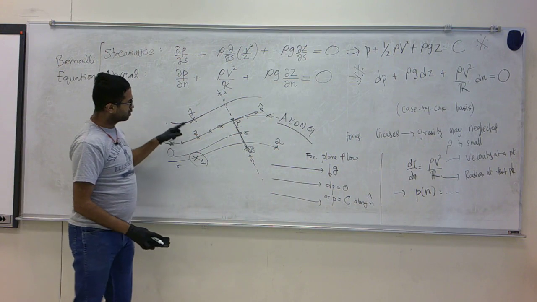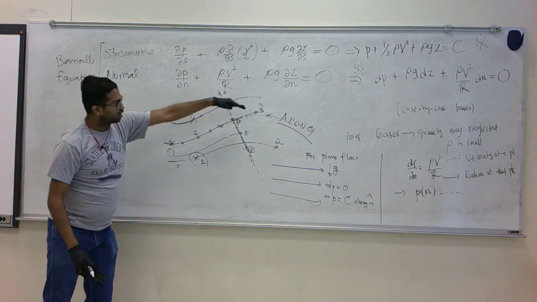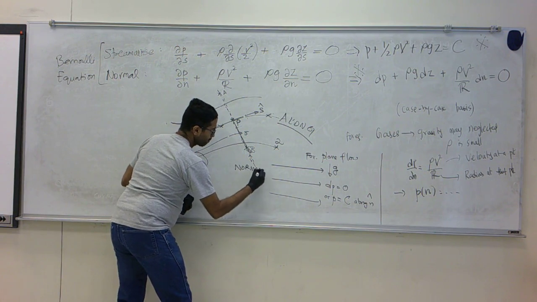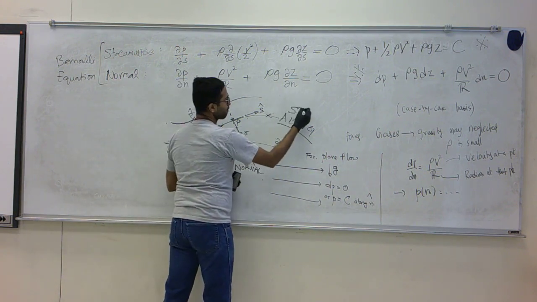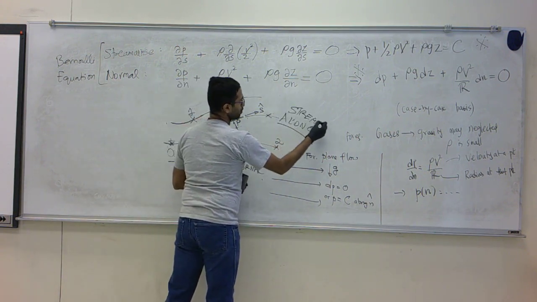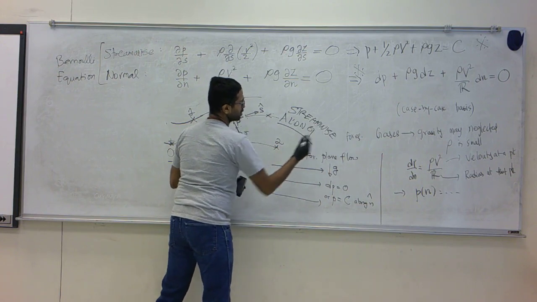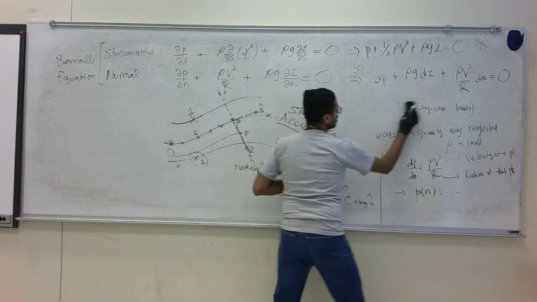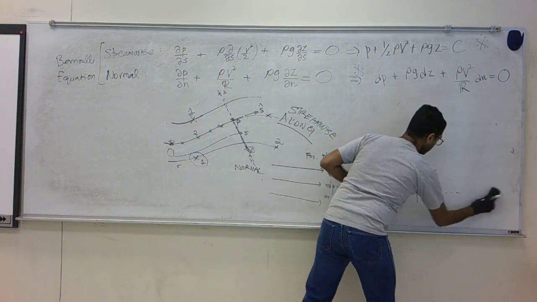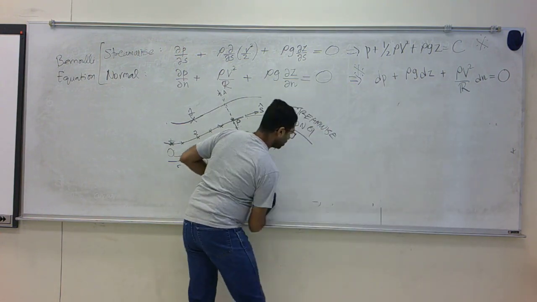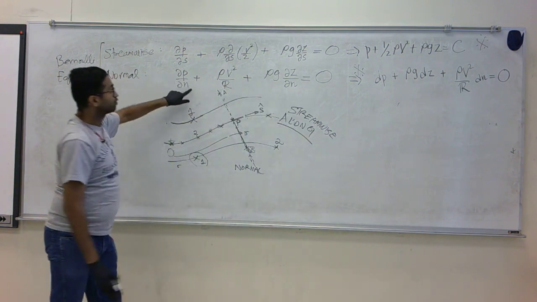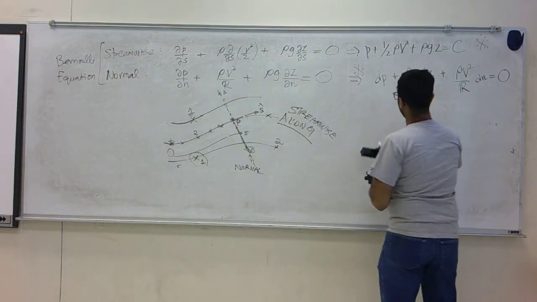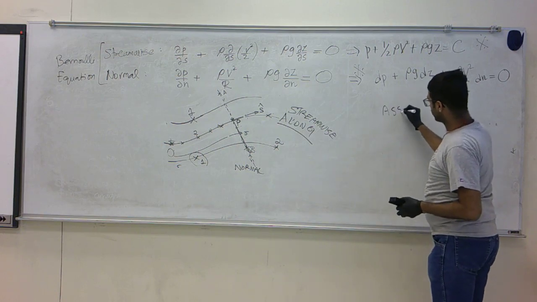Here is the picture of streamlines, streamwise direction and normal direction, and you have the differential form and the integrated form and the assumptions that go with it.